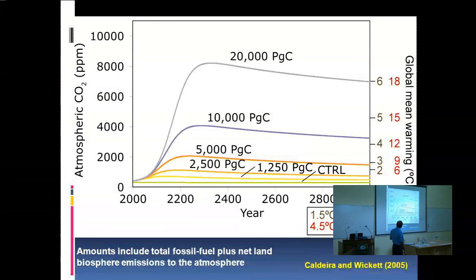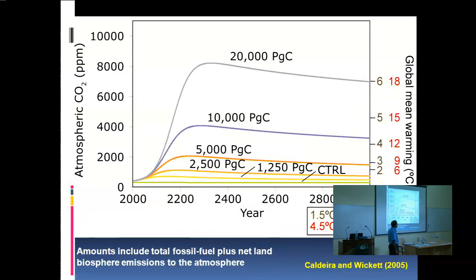If you emit 5,000 gigaton of carbon, you could reach CO2 levels very close to 2,000 ppm. Today's level is 400 ppm, right? So the concentration could become 5-fold for 5,000 gigaton of carbon, and the warming could be close to 3 to 4 degrees.